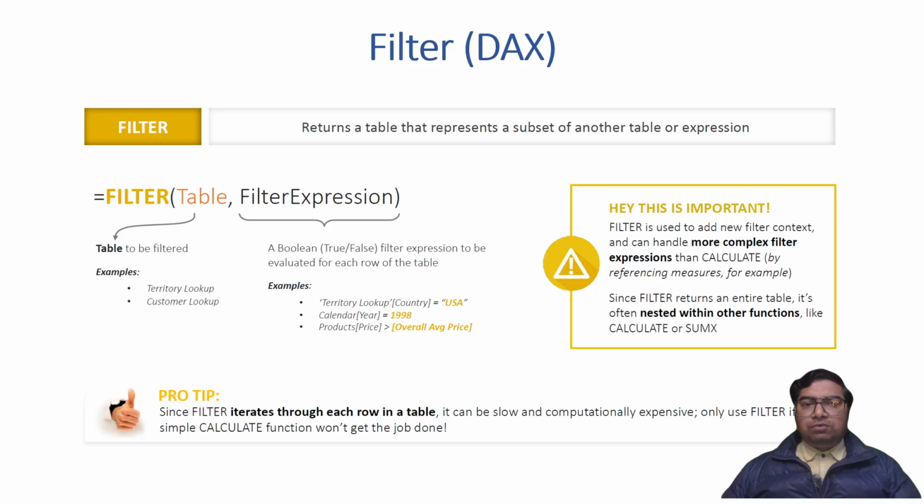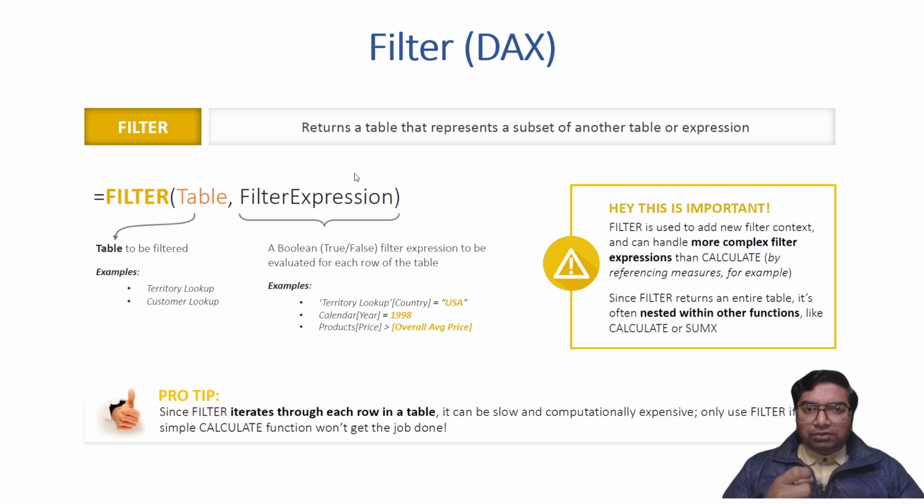First, try to understand what FILTER in DAX is. FILTER filters something from the data, like any country's data you want, any year's data, or if you have a price, any specific price data you want.